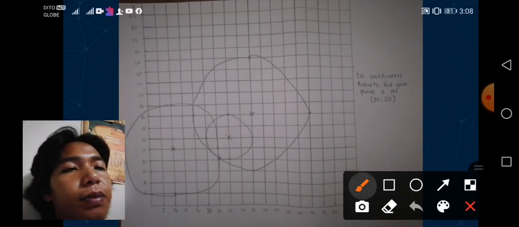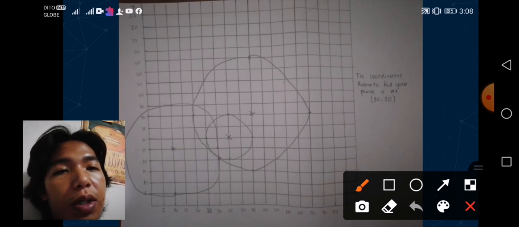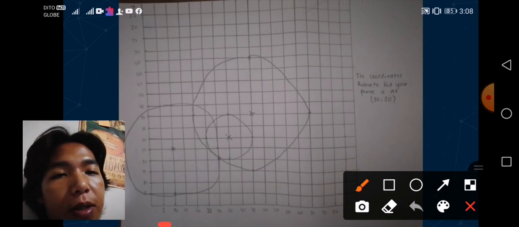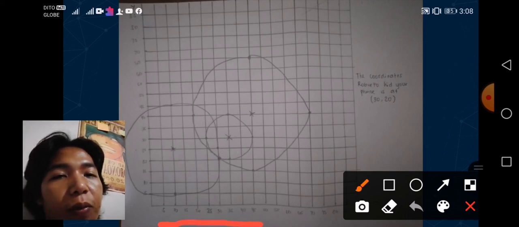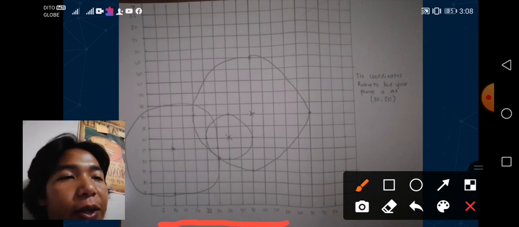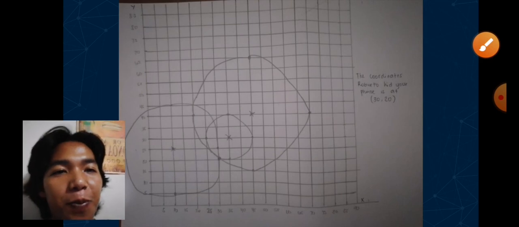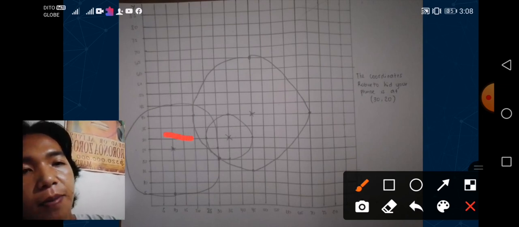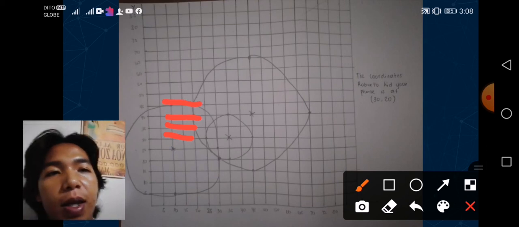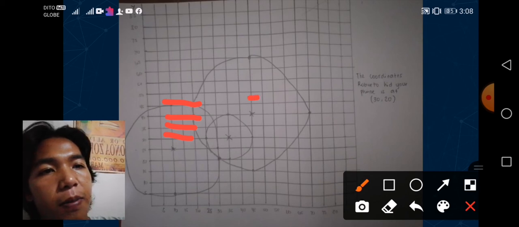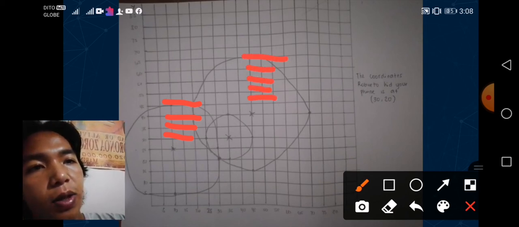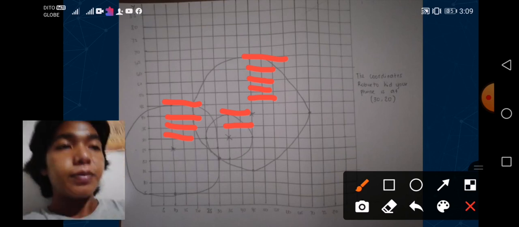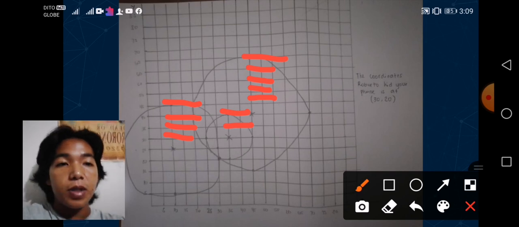So the radius in the first is 20. This graph is not in 1, 2, 3, 4, 5 form. It is 5, 10, 15, 20, 25, 30 form. I don't know what that's called. So we count the radius: 5, 10, 15, 20. And the second, 5, 10, 15, 20, 25. The third is 5, 10. So the problem that we solved is correct.